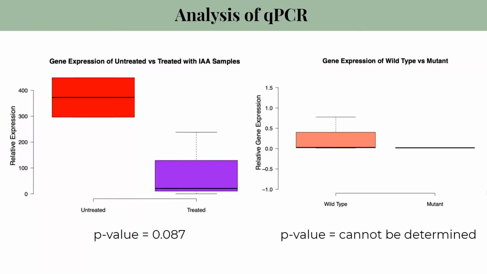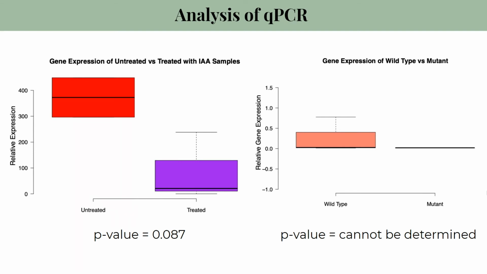Then from the qPCR, we use the CT values of all the samples to analyze the results, and found for our experiment that there's no significant difference between our gene expression and the housekeeping gene of the untreated and treated samples.